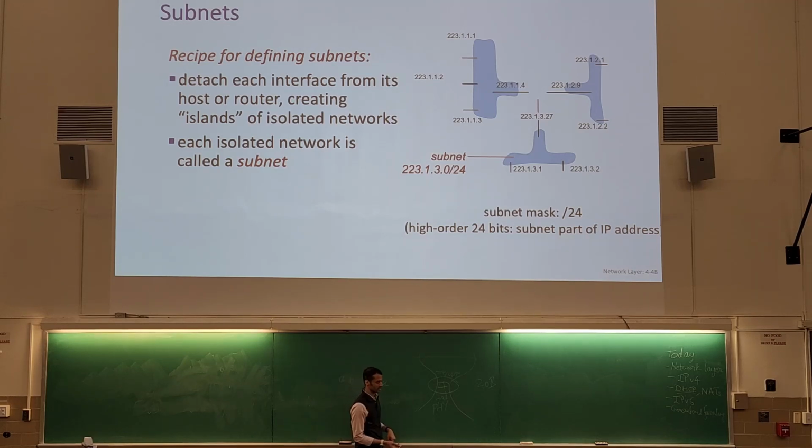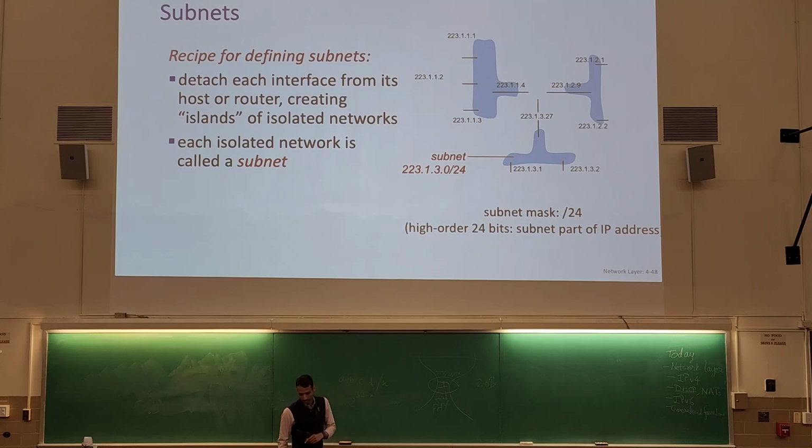What is this notation saying? It is saying that the first x bits in these 32 bits are fixed. That's the subnet. And the rest are floating. They're wildcards. x bits are fixed, 32 minus x bits are floating. So that's the number of host addresses that fit into that subnet block.